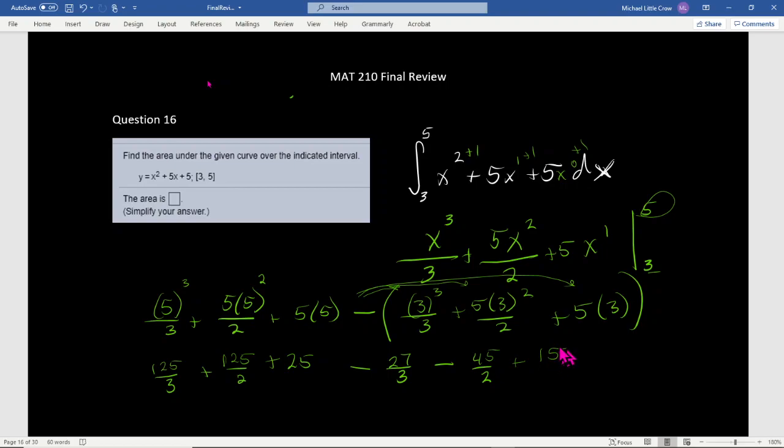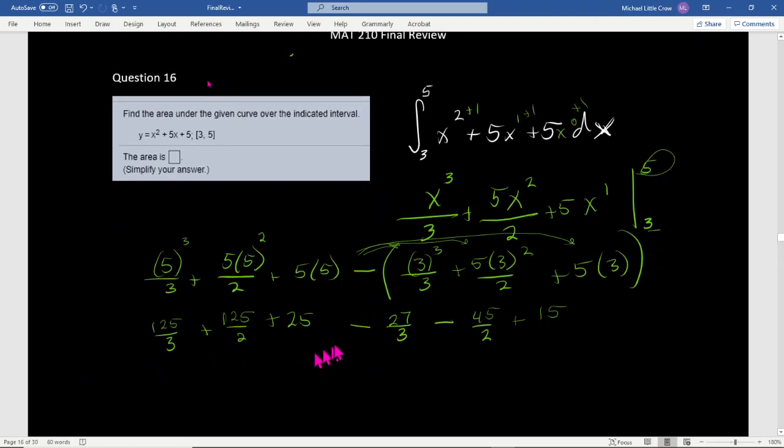Let's come up just a little bit. Yeah, 125 divided by 3, no, that's not even. So we take 125 minus 27, that's going to be 98 thirds. So what I'm doing here, I'll switch colors, combining like terms. 125 minus 27 is 100 with 2 more left over, so 98 thirds.